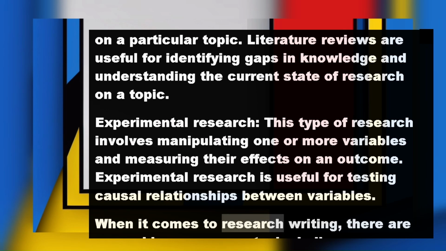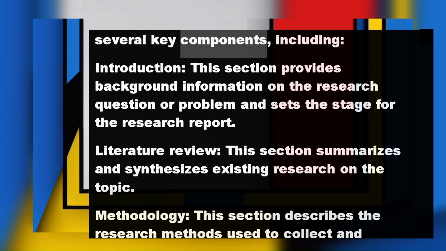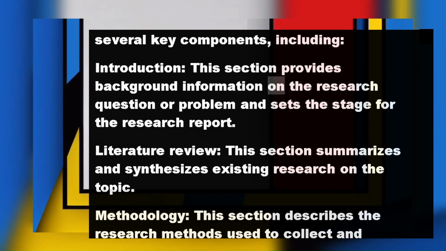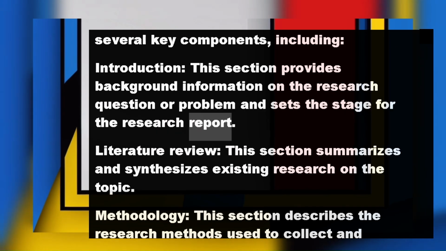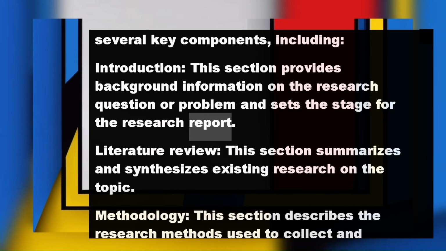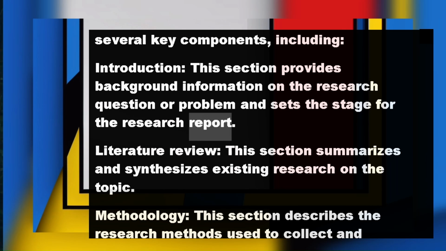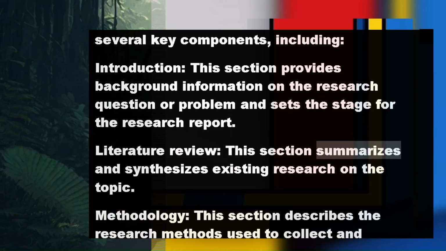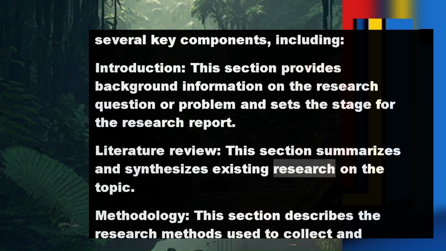When it comes to research writing, there are several key components, including Introduction. This section provides background information on the research question or problem and sets the stage for the research report. Analysis. Researchers need to be able to use these tools effectively to collect and analyze data. Literature review. This section summarizes and synthesizes existing research on the topic.